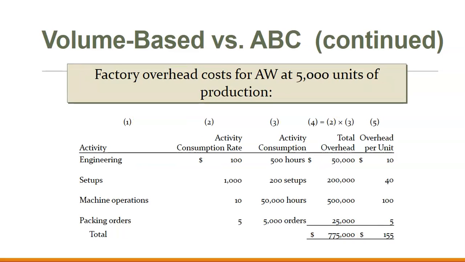Once we have rates, then we're going to apply those rates to our production units. So first we're going to look at the AW line. We have 5,000 units of production.